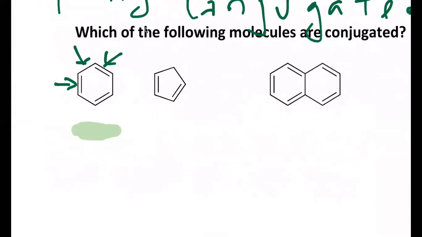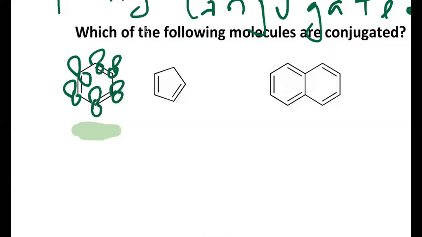Is it fully conjugated? Yes. It is, right? The way you test that is that you can put in the p orbitals here on each carbon, and what you'll see is that there's a p orbital on every carbon in that system. So this is an example of a system that is fully conjugated.